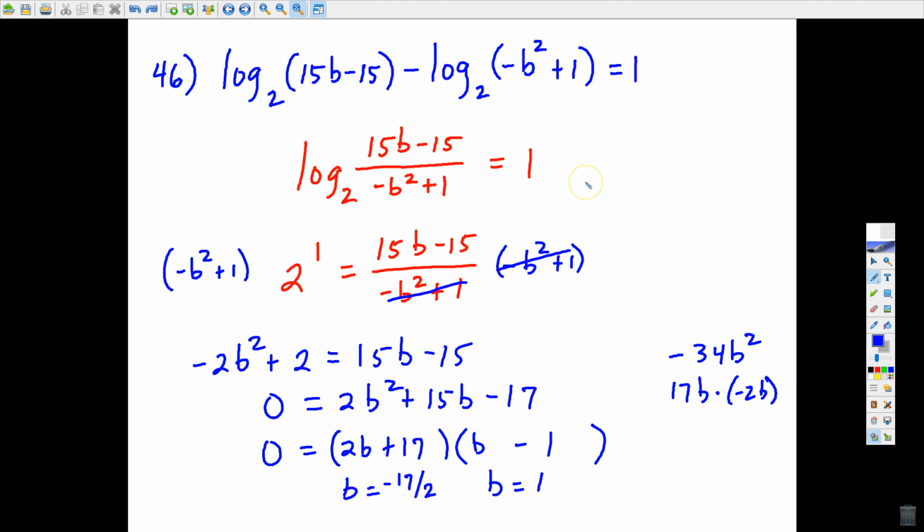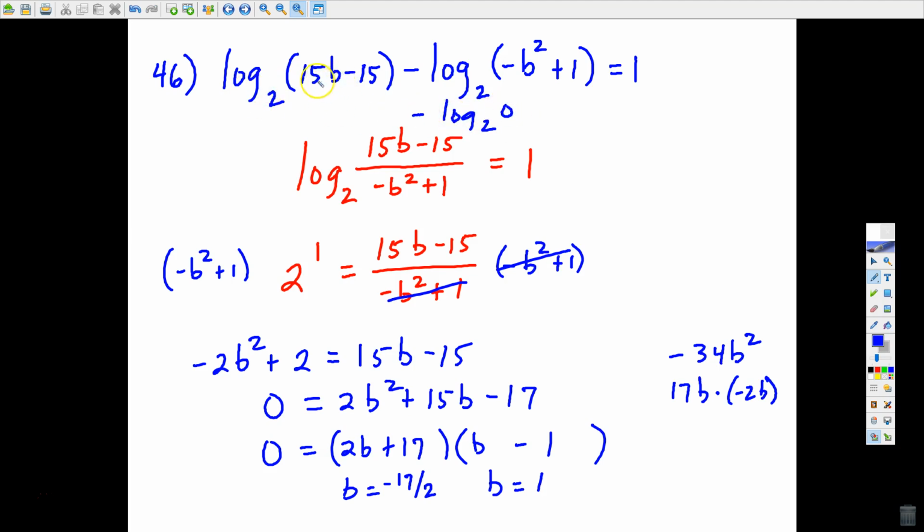Alright, so let's just say, for example, b is positive 1, let's just test positive 1 here. Okay, so 1 squared is 1, and this makes negative 1, and negative 1 plus 1 is 0, so that's going to be log base 2 of 0. Okay, now let's move over here.